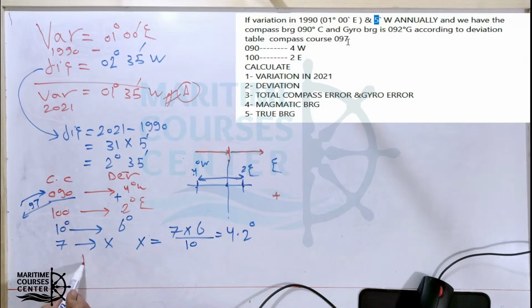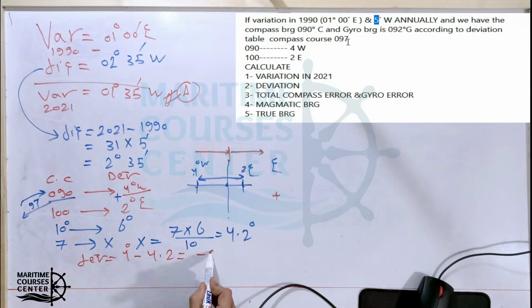So deviation is going to equal 4 degrees minus 4.2, so it's going to be minus 0.2, and this was 4 degrees west. Okay, so we got a minus. So what we have to do right now is make this plus and change this sign from west to east.